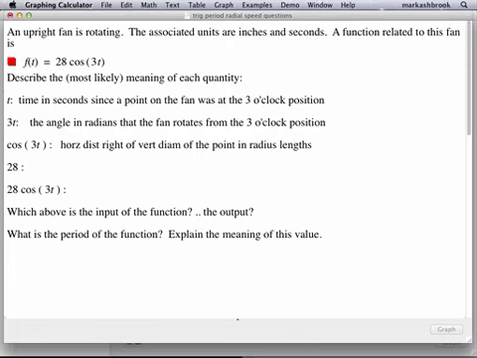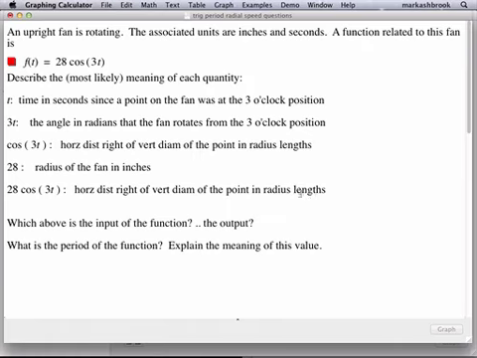It's a fraction of the radius length that the point is to the right or left of the vertical diameter. 28: the radius of the fan in inches. All right, 28 cosine 3t: the horizontal distance to the right of the vertical diameter, same thing as this, but now in inches because we're multiplying by the radius.